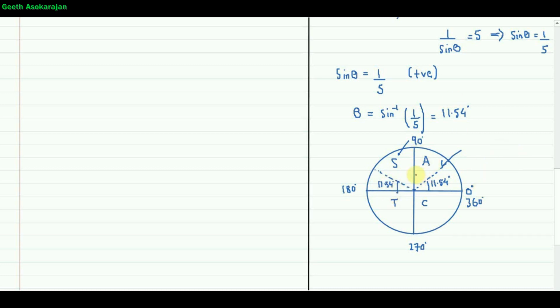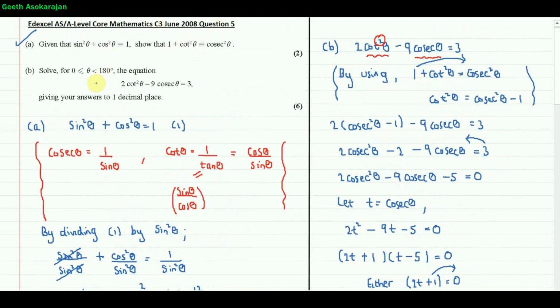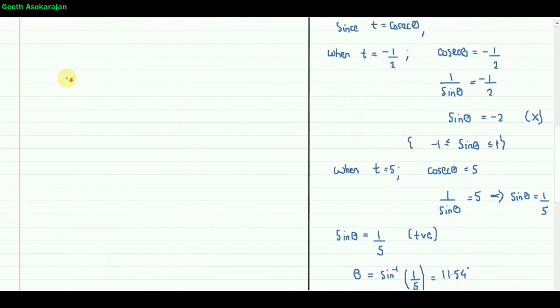Now we've annotated the angles on our cast diagram, but let's remind ourselves we need the solutions between 180 and 0 inclusive.